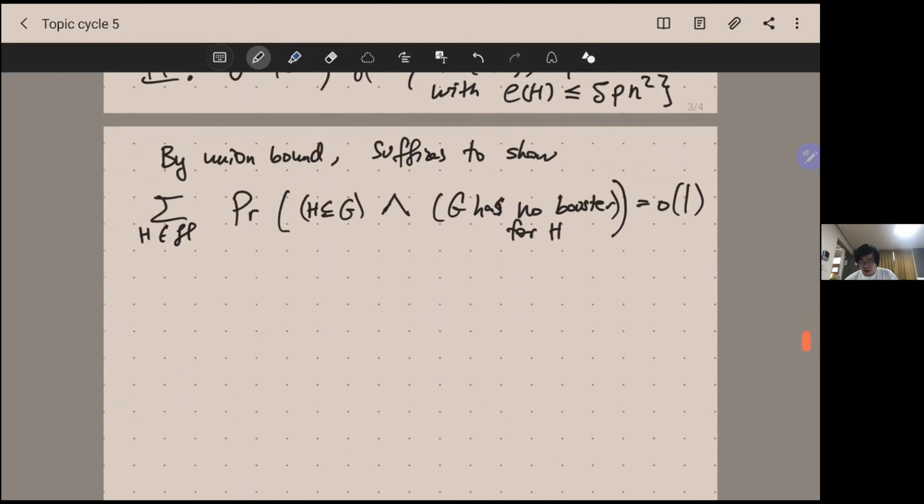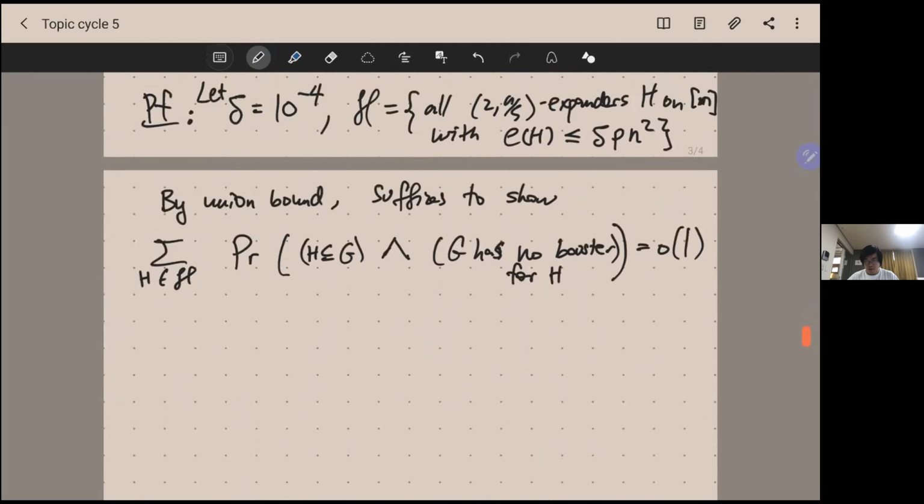So to bound this sum, which is also easy, once you know the idea, it's not so hard, but the idea is nice. Let's define some notations. For each sparse expander, we define B of H to be the set of boosters for H. It's a set of pairs, right?